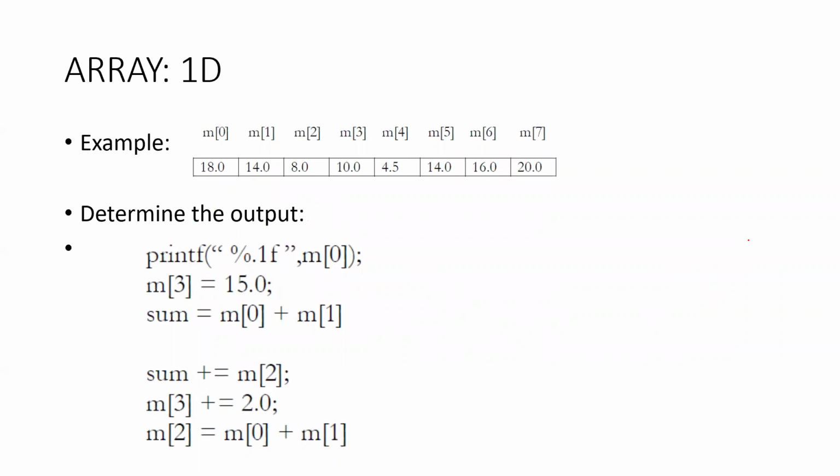Okay, example. Let's try to determine the output. Okay, first thing, how many elements? 8. 8. Sebab apa? Sebab dia start pada 0 sampai 7. So kalau awak kira 1, 2 sampai 7 ni, so this has 8 elements.